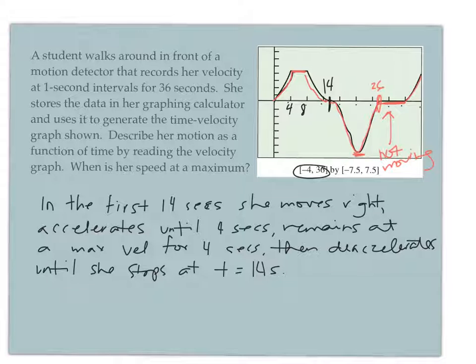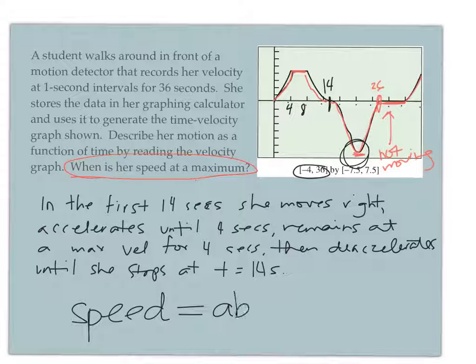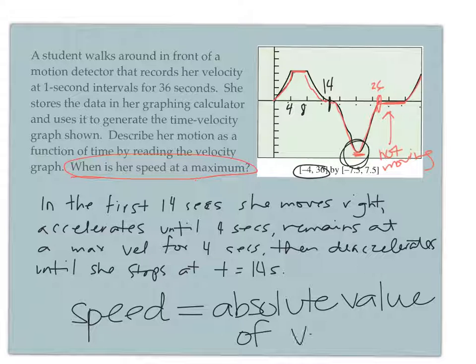But the big question we are asked to answer is, when is her speed at a maximum? At the minimum of the graph. It's actually at the bottom, that's right. Speed, and I will say this a lot this year, and a lot of you will ignore me, is the absolute value of velocity.